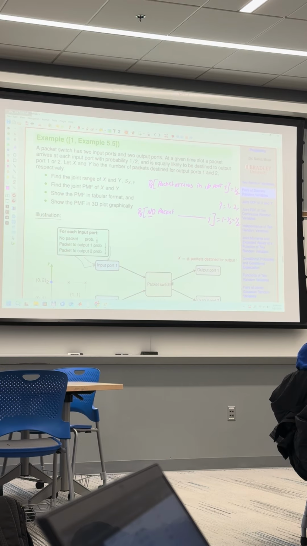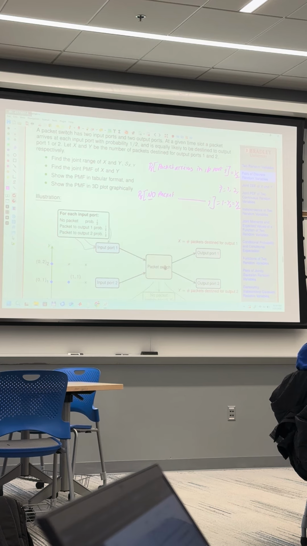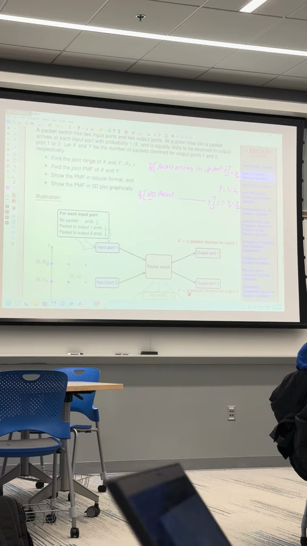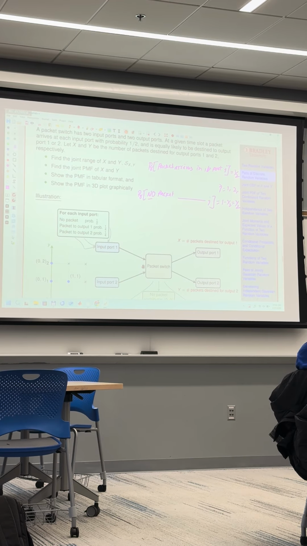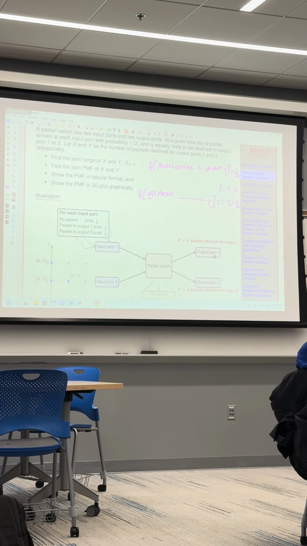So there is a 50% chance that the packet would be destined for output port 1 and a 50% chance that it will be destined for output port 2. Which means that once a packet arrives, it can go to output port 1 with probability 1/4.